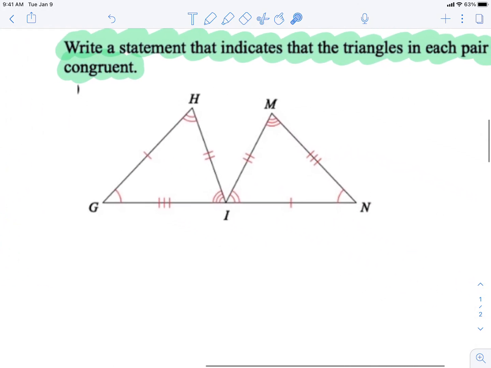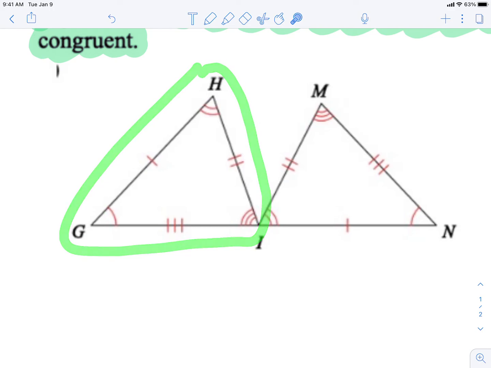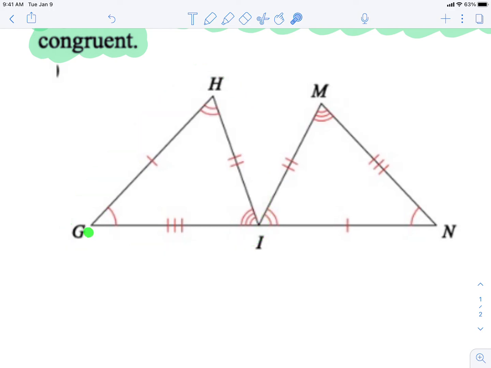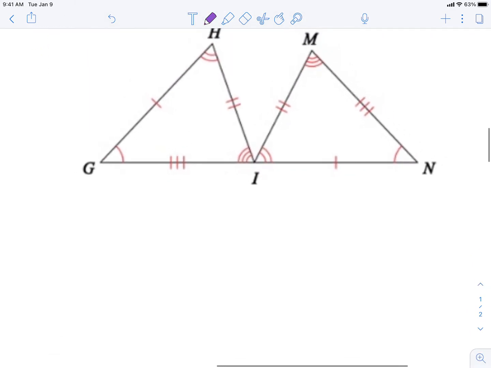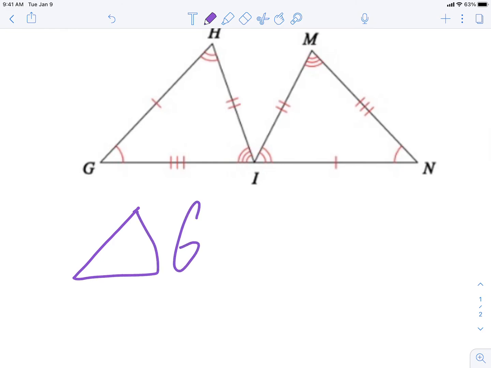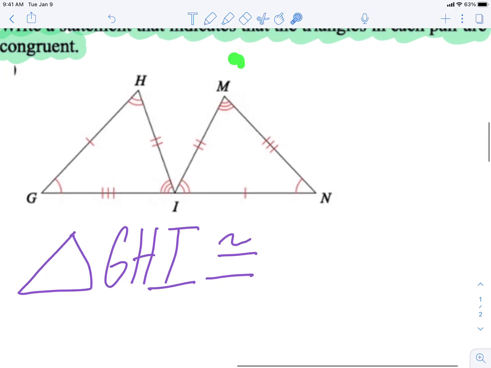So, first thing I'm going to do is take this first triangle, and I'm going to start with my single arch, my double arch, and my triple arch. So triangle GHI is congruent to, okay, how do I name this triangle here?